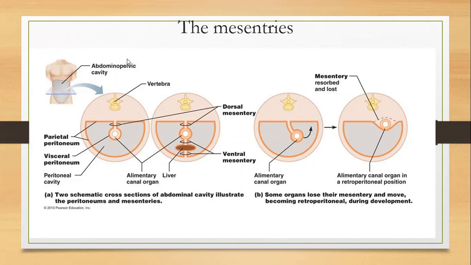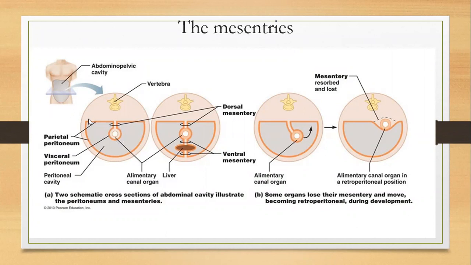So if I were to cut a cross section of your abdominal wall, you can see this diagram here. If I cut a cross section with your vertebral column towards the dorsal side, what you're going to have at the front is the peritoneal cavity, and you find that your intestines are hanging inside this peritoneal cavity.